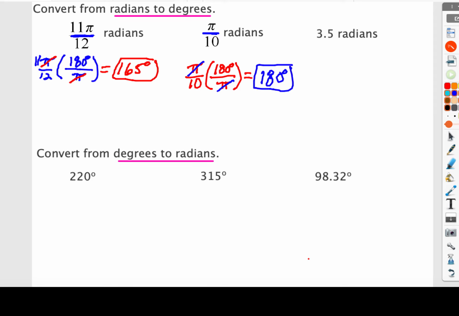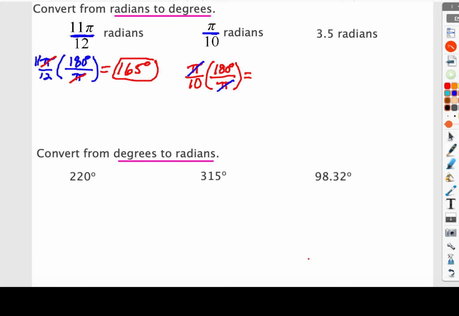So pi over 10, or pi divided into 10 parts, 180 divided into 10 parts, should essentially be just 18. I'm not sure why I put that extra 0 in there. Just a simple 18 degrees. Sorry for the bad handwriting there. I'm going to clean that one up a little bit before we move on.